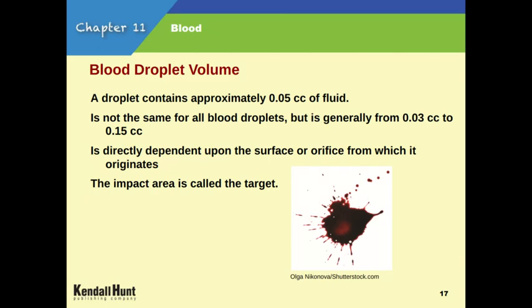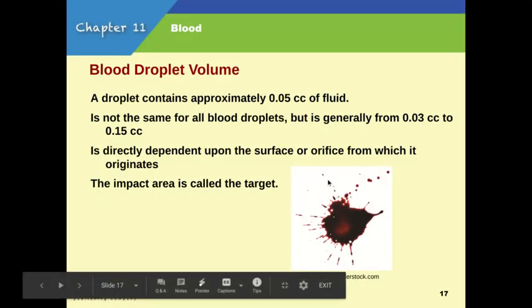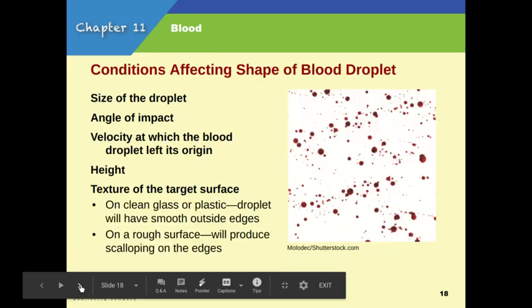All those things are going to determine how big the drop is and how much they fall. Also, the area of impact is called the target, so that target surface is going to have some effect as well on what kind of shape the blood takes when it leaves its pattern.